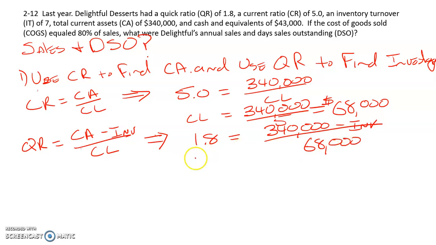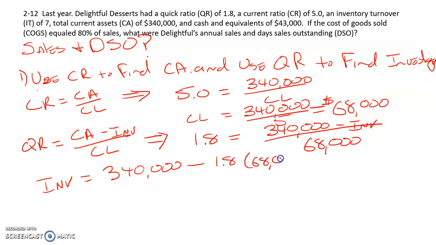So if we rearrange our equation, inventory is equal to 340,000 minus 1.8 times 68,000. So all we did was move inventory over to this side and move the 1.8 over here.